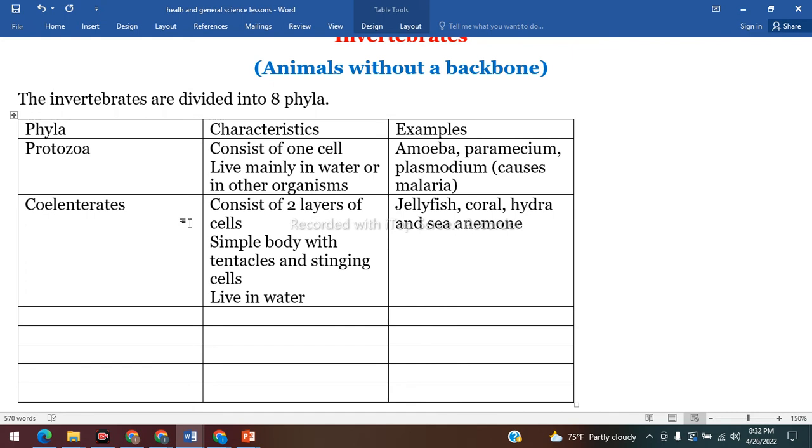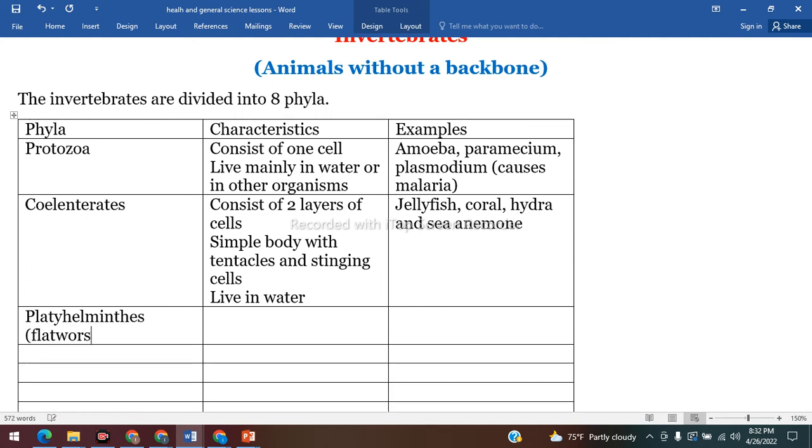Then we have the Platyhelminths. And these are basically your flatworms.